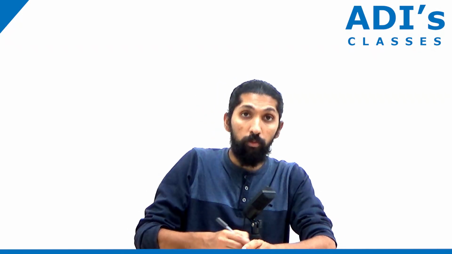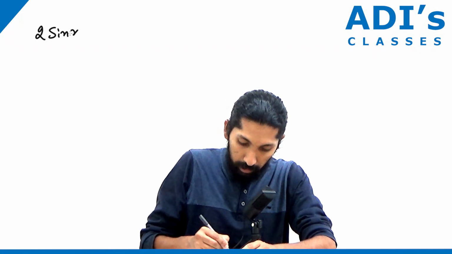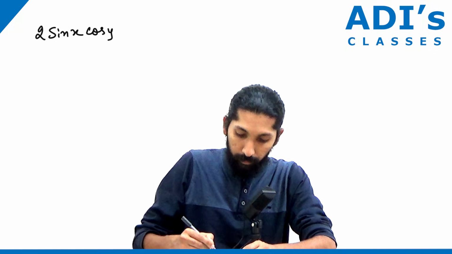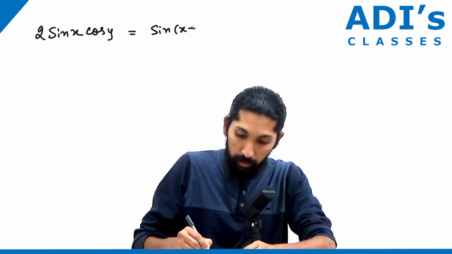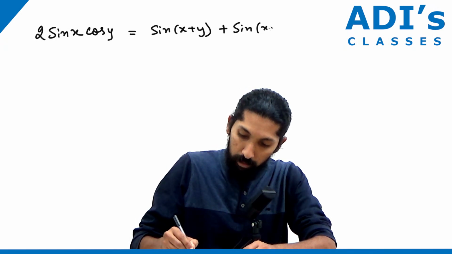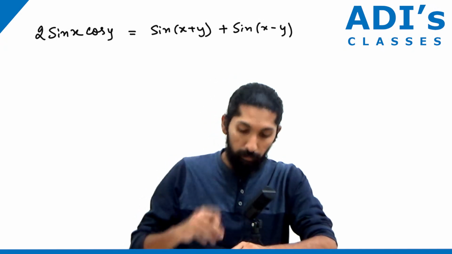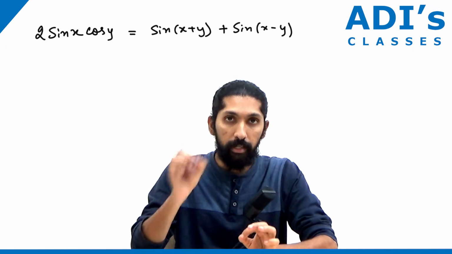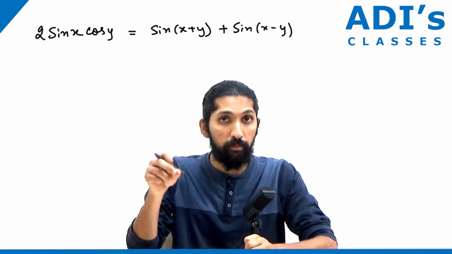Now, what we know is that 2 sin x cos y can be written as sine of x plus y plus sine of x minus y, correct? We know this one. Now we'll take x plus y as one variable and x minus y as another.